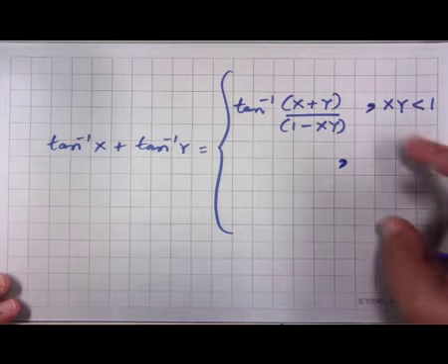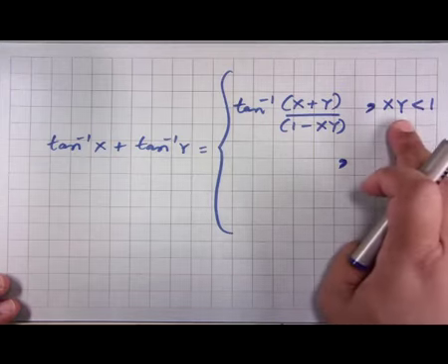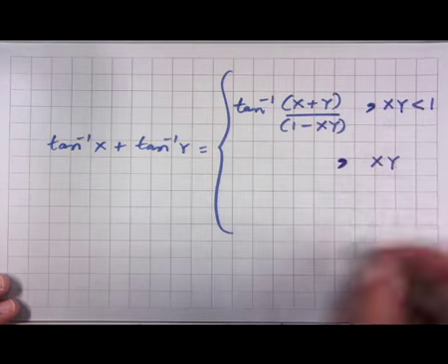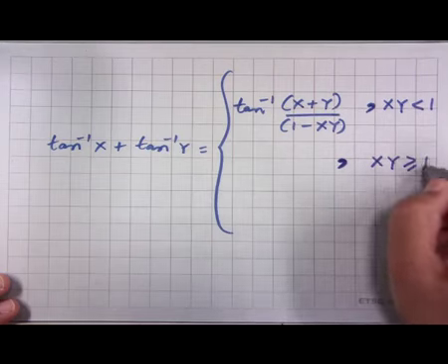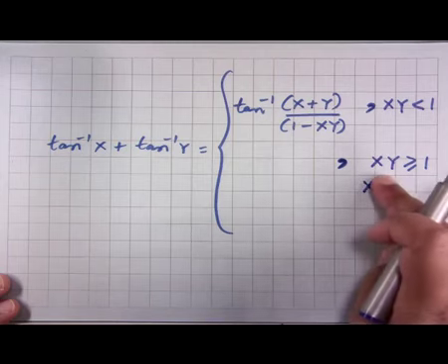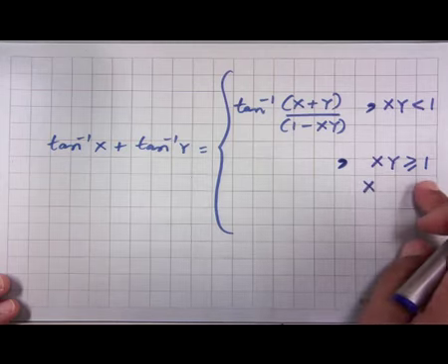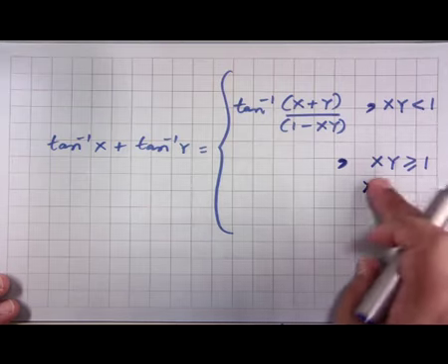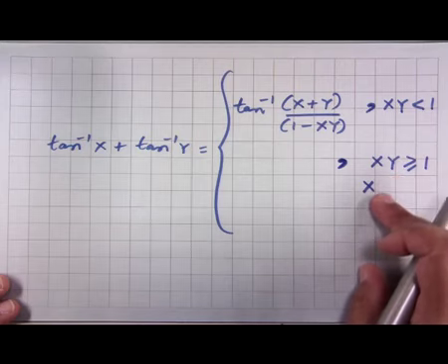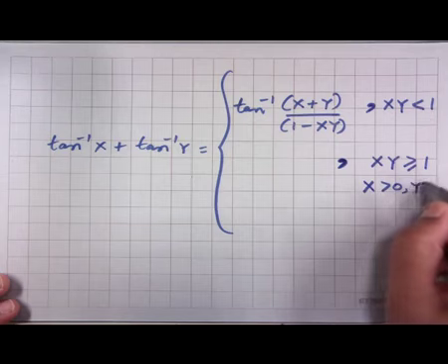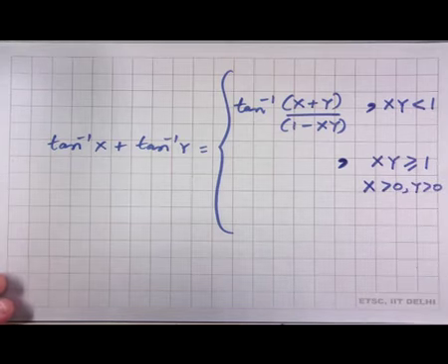And then the other cases are when x into y is greater than or equal to 1. Even for xy greater than or equal to 1 there are two sub cases. When xy is greater than or equal to 1, either both x and y are positive or they are both negative. This is the second case.